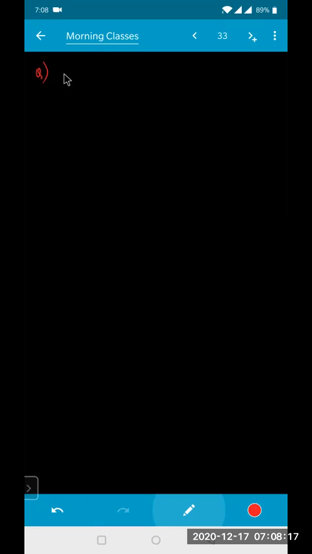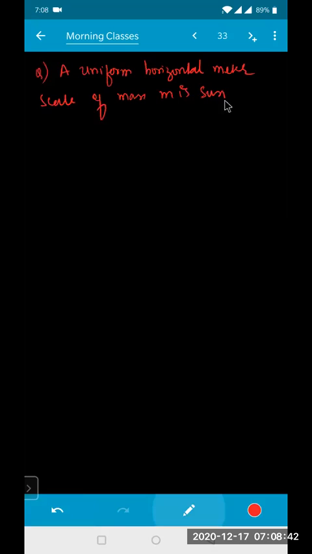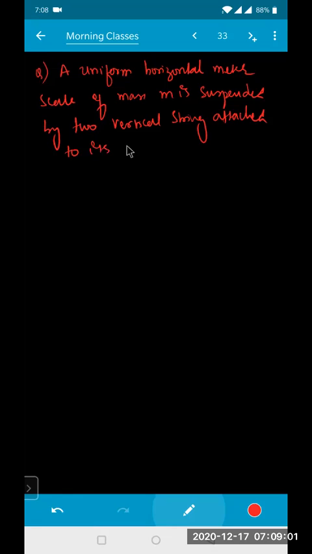Okay, look at the question. We got a uniform horizontal meter scale of mass m suspended by two vertical strings attached to its two ends.